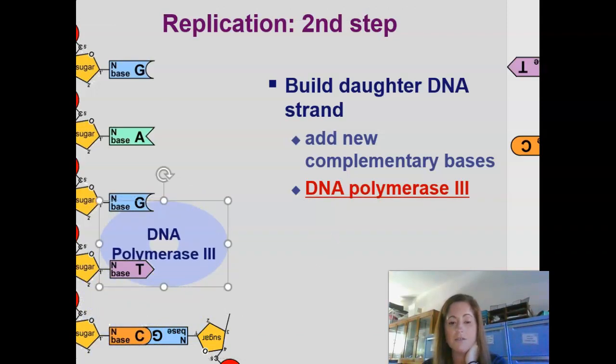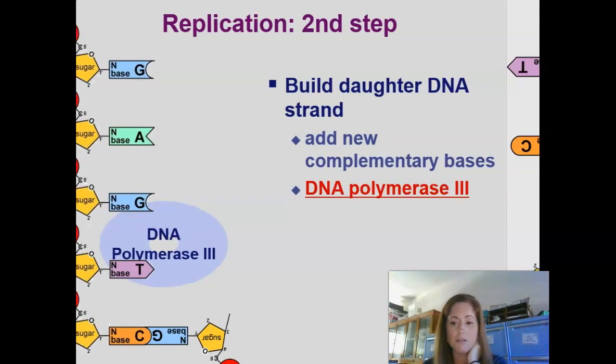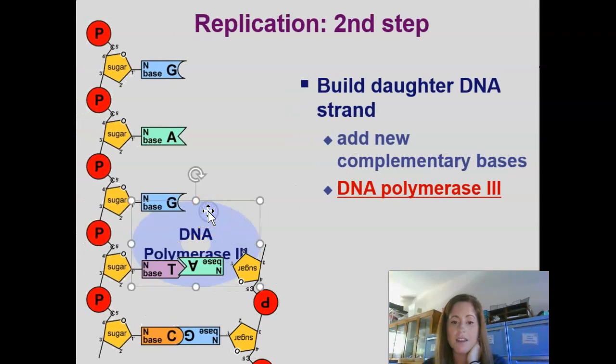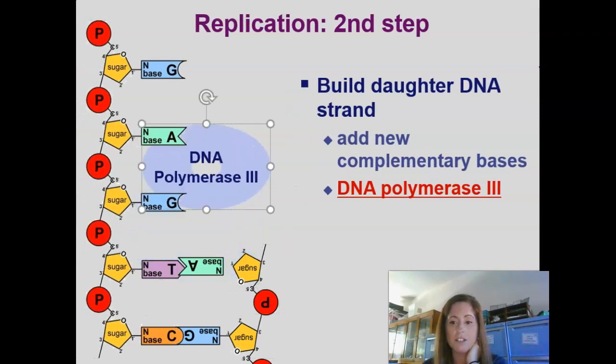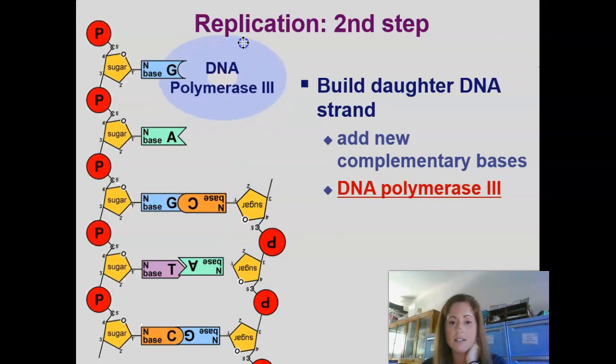And then it's going to bring a nucleotide that base pairs with thymine. And so what base pairs with thymine? Adenine. And so adenine comes in and gets added. DNA polymerase keeps moving along the chain until it's formed a new strand, right? And it would keep going. I'm going to stop there.